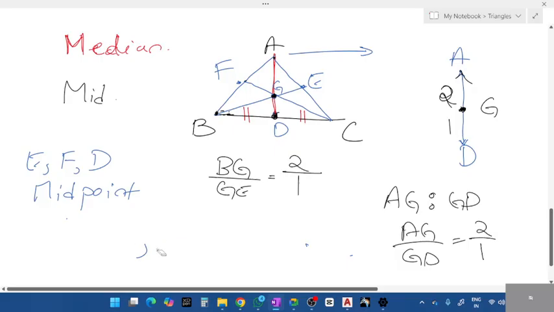What's the other median left? Can you tell me the other median? What's the third median, student? FC? Okay. In FC, see, first exercise is boring. I'll tell you frankly. In this chapter, first exercise is very boring. Second exercise onwards, it is good to solve. First exercise, it's all about theorem.